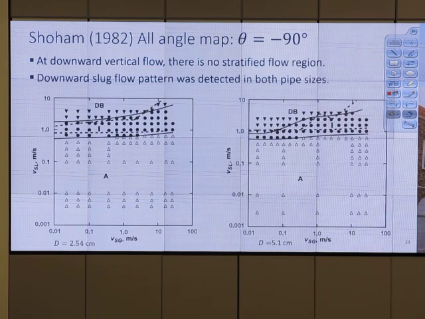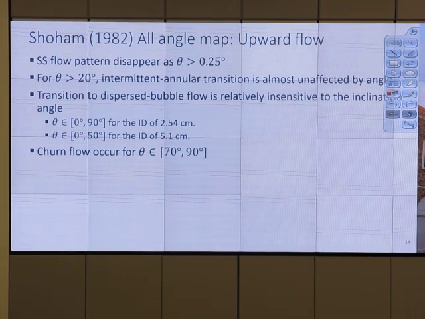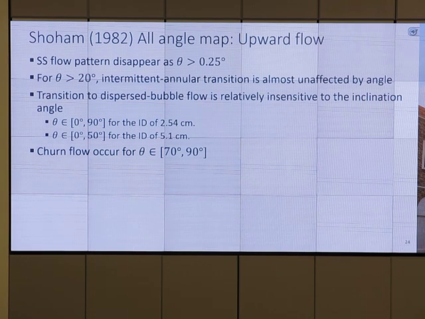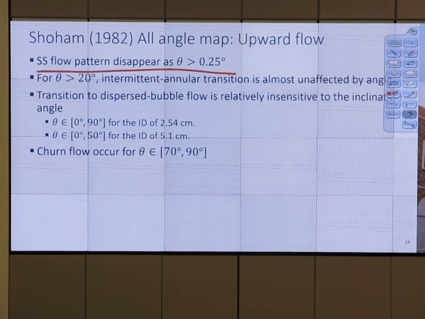So after we know all the flow patterns, the next step is we should come up with a model that can predict any flow pattern. Alright, so Shoham, 1982, we discussed it by first considering the upward flow. Stratified smooth flow pattern appears at delta greater than 0.25.